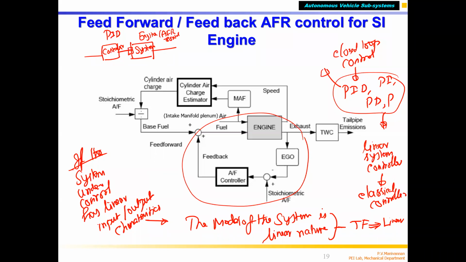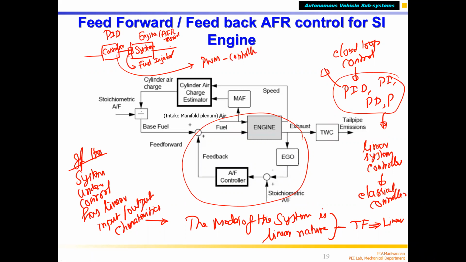By controlling the fuel injected. Fuel injected is controlled by opening and closing the injector, the period of the pulse width duration. The pulse width is a PWM pulse generated by the controller, correct?